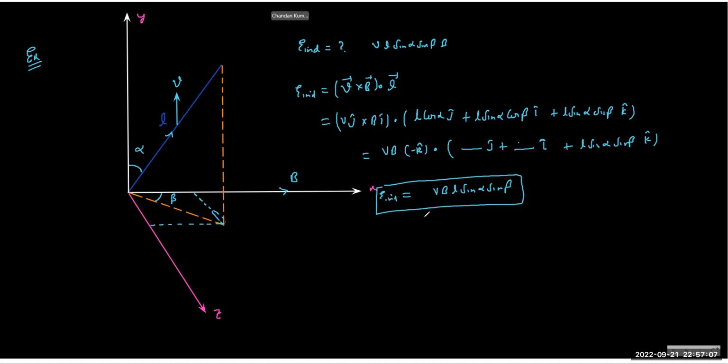Or the way we could have done is, the length which is perpendicular to the velocity vector is the bottom one. It is L sin alpha, right? So the shadow is L sin alpha, right? Yes, sir. And the component which we need normal to the B vector is L sin alpha sin beta, right? Yes. And then velocity is like this.